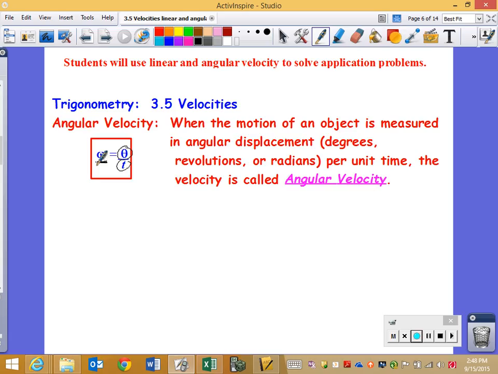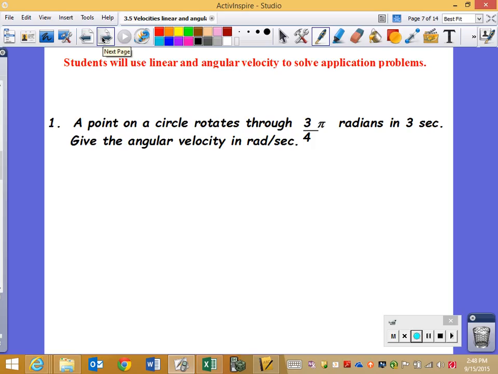So we always say omega is equal to theta divided by time. And theta does not have to be necessarily in radians. It can be in degrees or revolutions. And the time unit can also be anything: hours, minutes, seconds. The only thing we have to be careful about is knowing what units the question is asking us to answer in, and we have to change our theta or our time in order to fit that. So now let's take a look at an example.